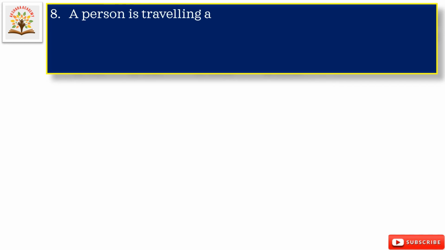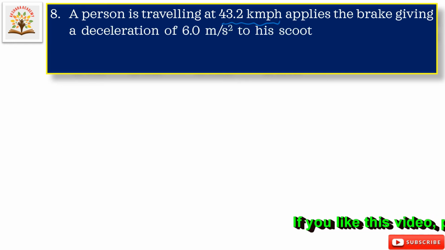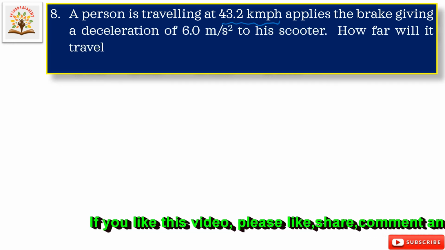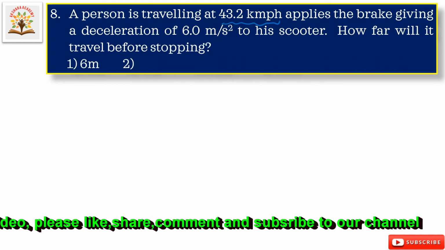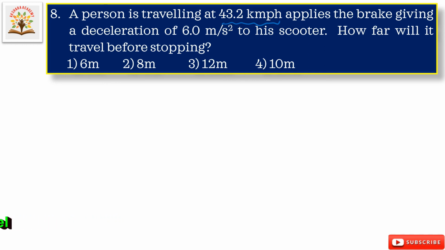A person is traveling at 43.2 km per hour, applies the brake giving a deceleration of 6.0 meters per second square to his scooter. How far will it travel before stopping? Here we have to calculate the distance traveled. Now let us go to the solution.